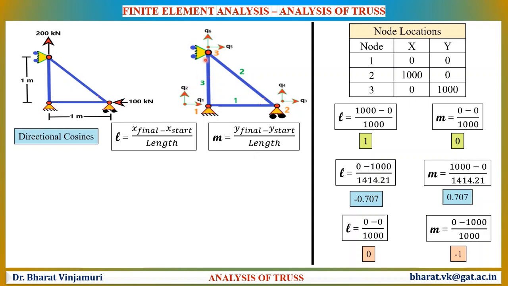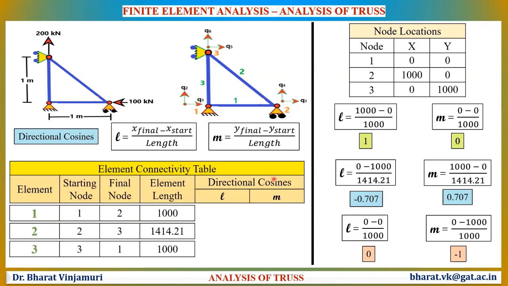In this case, the starting node is node number 3 and end node is node number 1. Once we get the values of directional cosines, these values will be listed in element connectivity table.